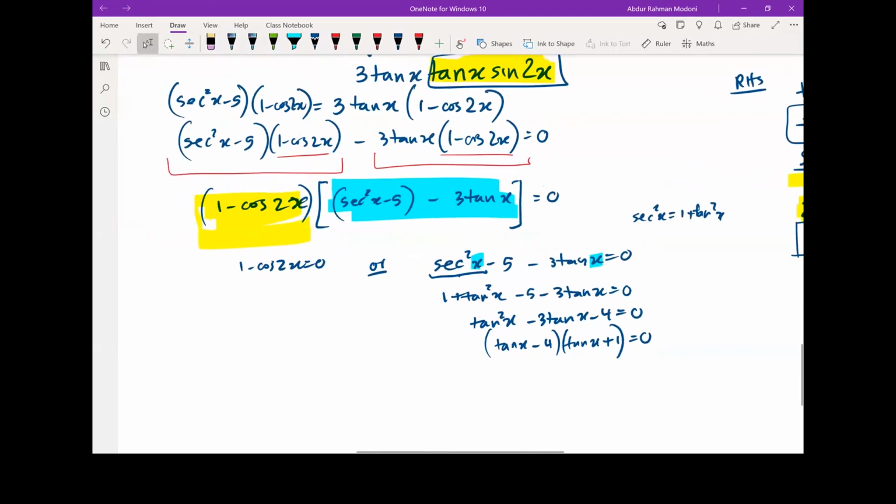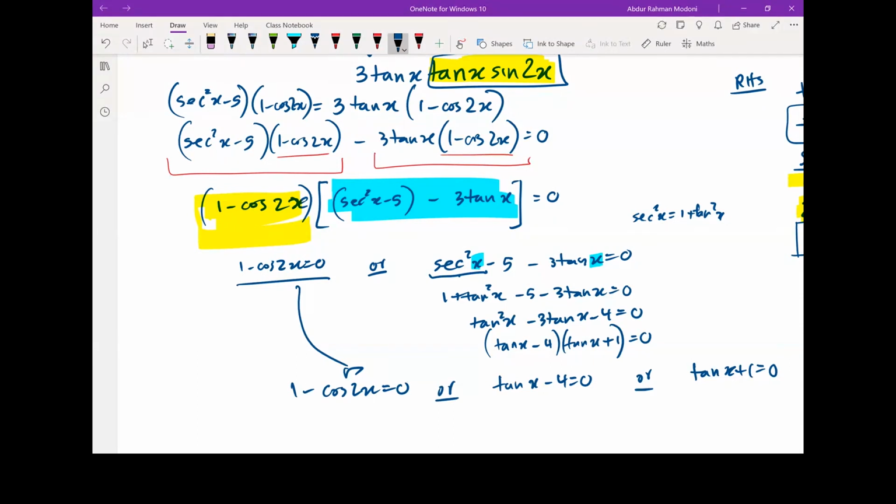Okay, so then this factorized equation means tan x minus 4 could equal 0, or tan x plus 1 could equal 0. What was the original one? That one there was 1 minus cos 2x could equal 0.